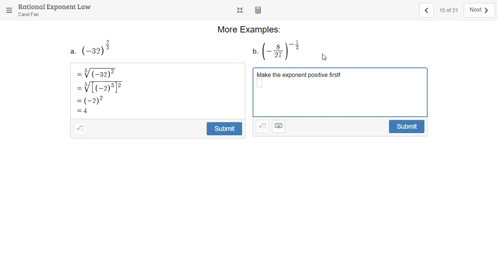And then one more note, I have -8 over 27. This is the same thing as saying -8 over 27, or I can write it as 8 over -27. So the negative sign can go with either the numerator or the denominator, but never both of them.